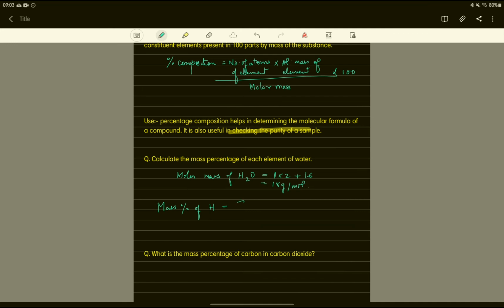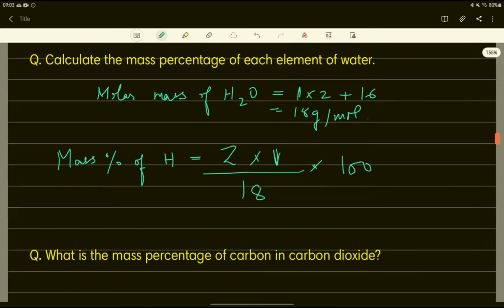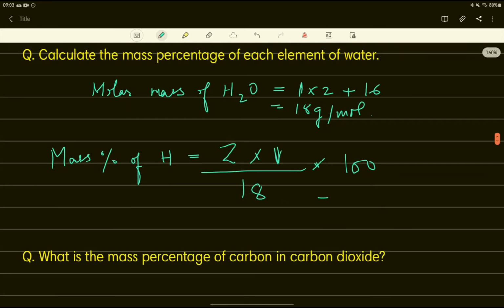It is 2, into the atomic mass of the element, which is 1, divided by the molar mass of H2O, that is 18, into 100. After calculating this, you will find that the mass percentage of hydrogen here is 11.18%.